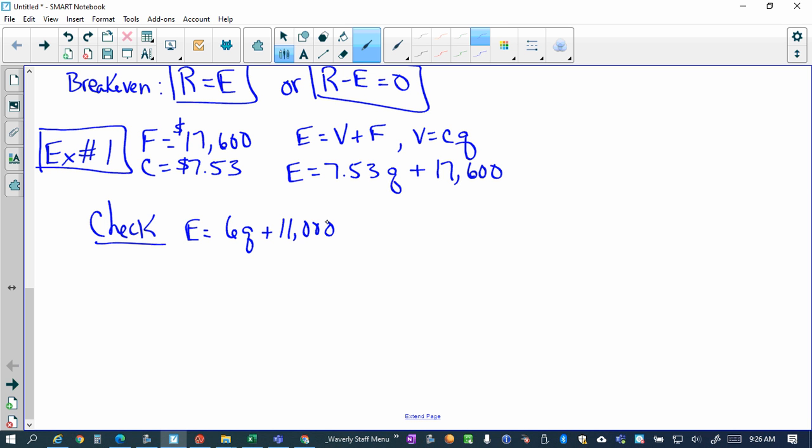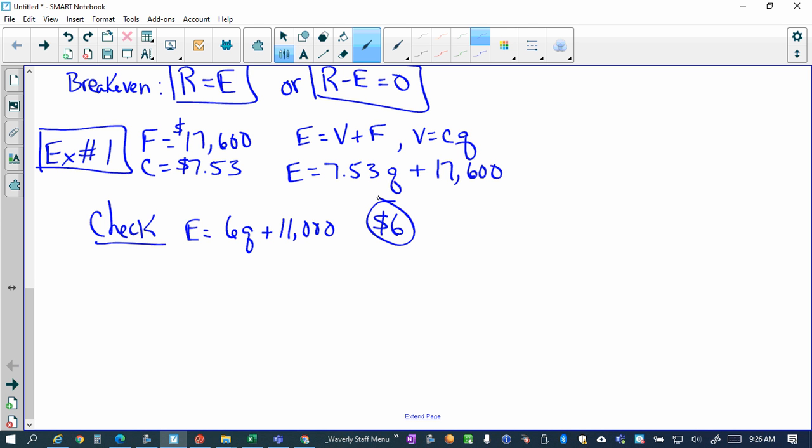E equals V plus F, and variable cost is the C, so what's the variable cost per unit here? $6, simple as that. They just wanted you to look at their model and say what's the cost of each one.